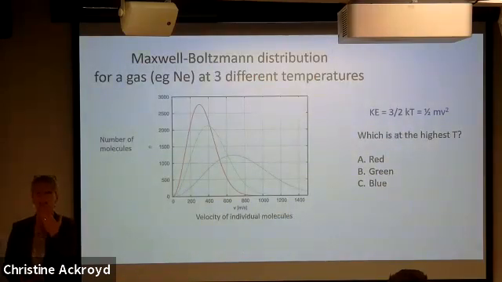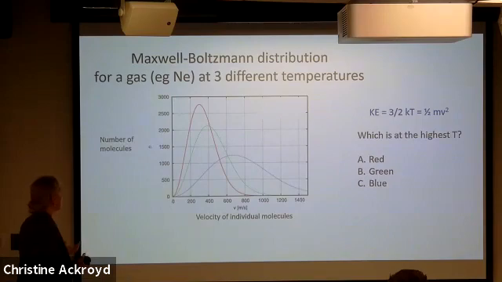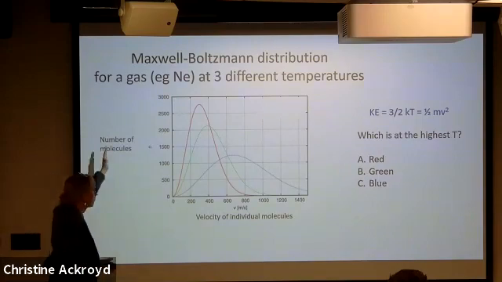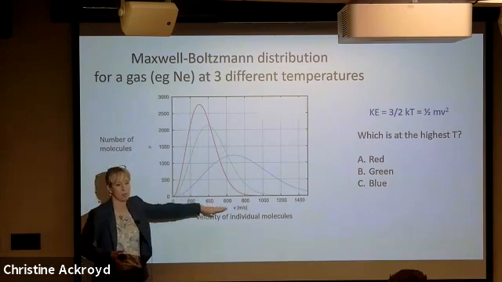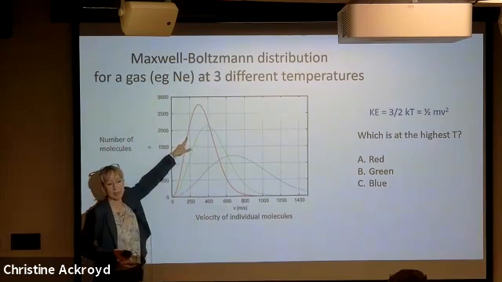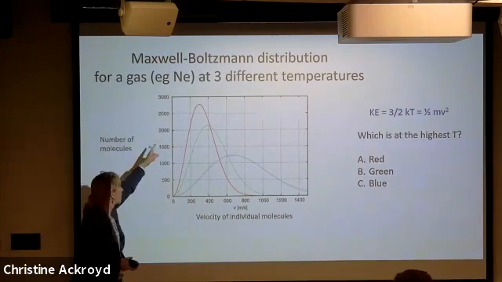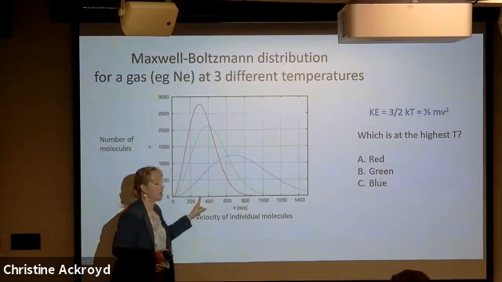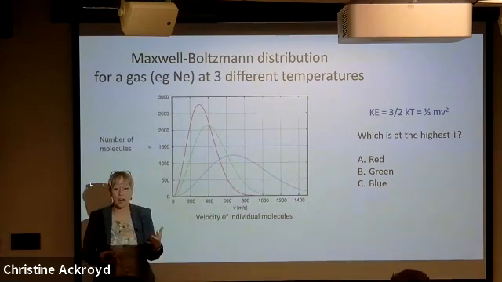Here is a representation of a Boltzmann distribution for a single gas at 3 different temperatures. So we have the number of molecules as a function of the velocity of individual molecules. What does the plot say? This red line says that you have more molecules moving at lower velocity, compared to this blue dotted line.